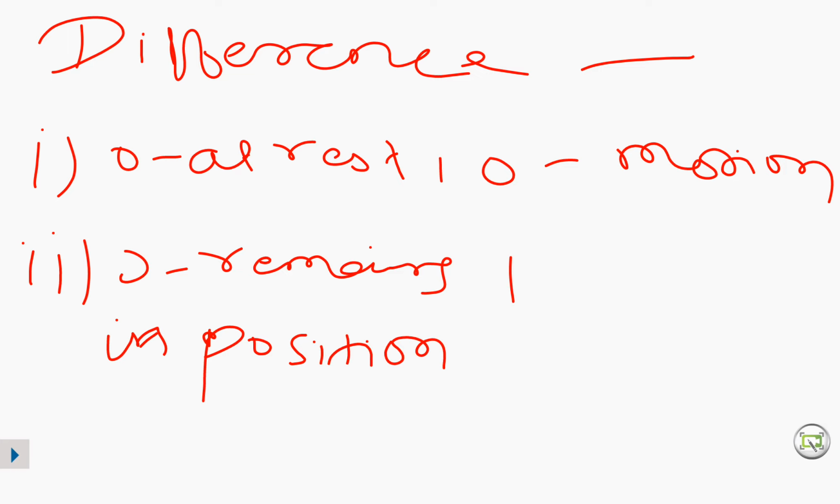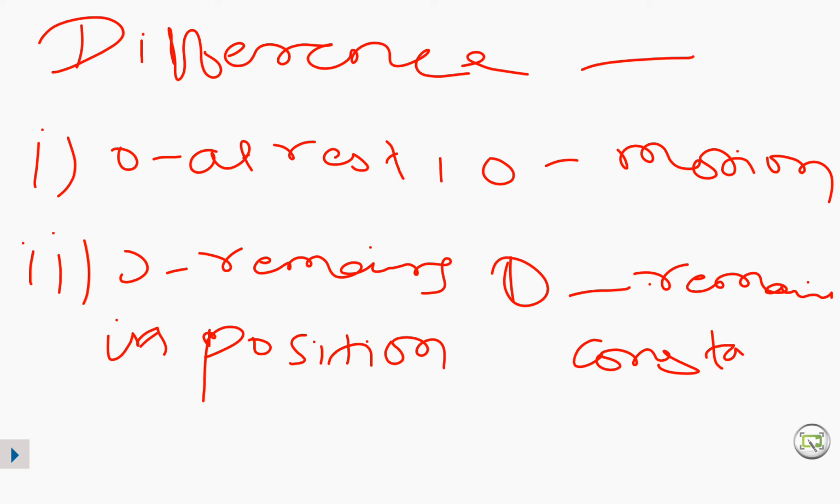Here, even though the force is applied, the object remains at constant speed. So this is the difference between static and dynamic equilibrium.